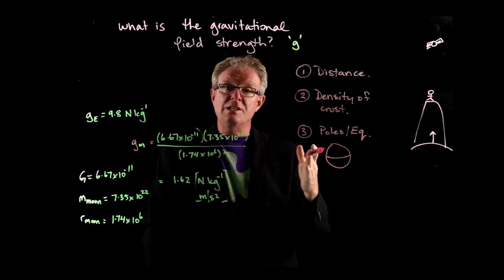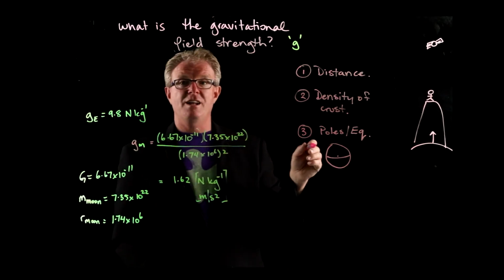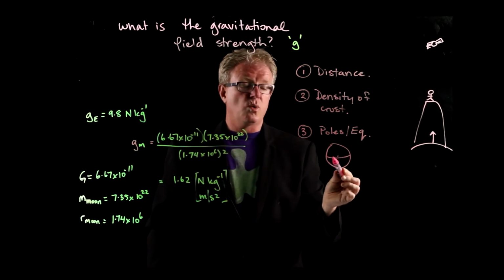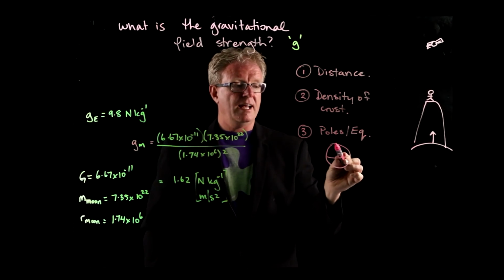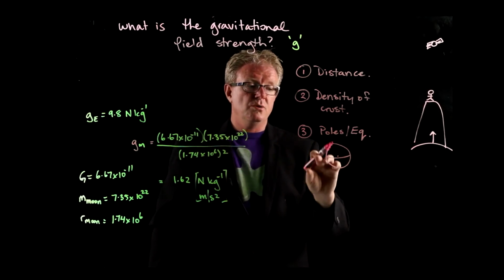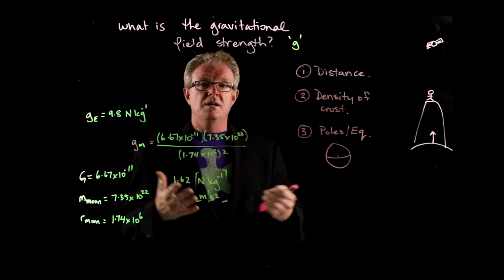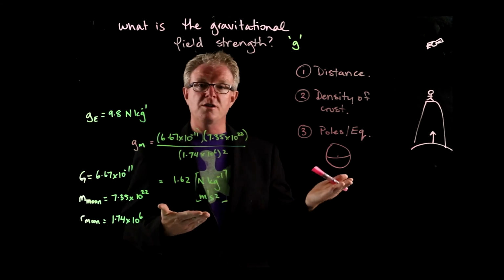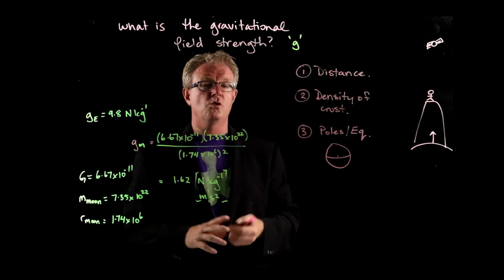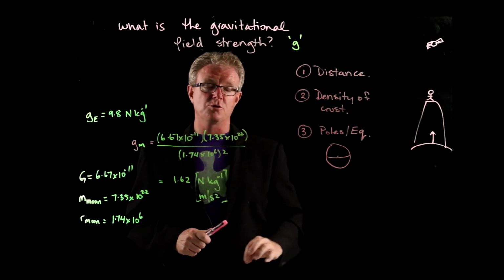So the equator is a little bit further out from the center of the Earth compared to the poles. That means the value of g around the equator is a little bit higher, and it's a little bit less at the poles due to the Earth not being a perfect sphere. So if you want to weigh yourself, don't go to the equator, go to the poles, and your weight will be a little bit less because g is a little bit less.